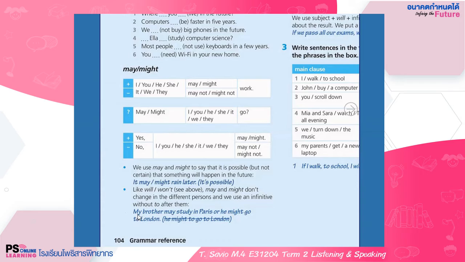For example, we can't say my brother might study in Paris or he may go to London. We normally use it this way, where we use may in the first part of the sentence and might in the second part. So my brother may study in Paris or he might go to London.